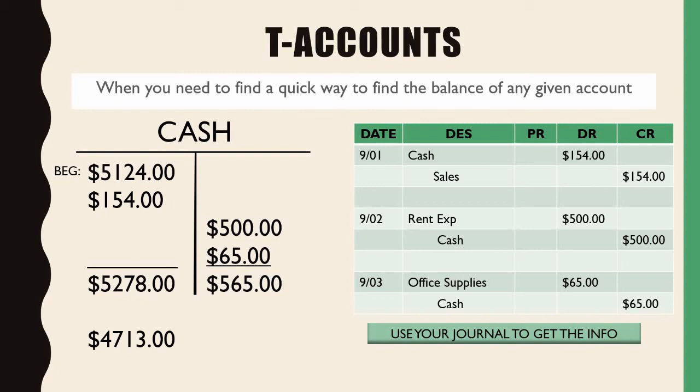They do it on the side of their journal and do a quick tally, but it isn't necessary for you to truly understand, because we have what's called the general ledger, which is the next topic. But I just wanted to cover this real quick: if you do need to know where you're at in a specific account, you can go ahead and do that on the side. Just understand, okay, this is what I started with.